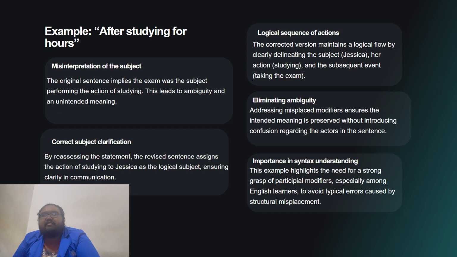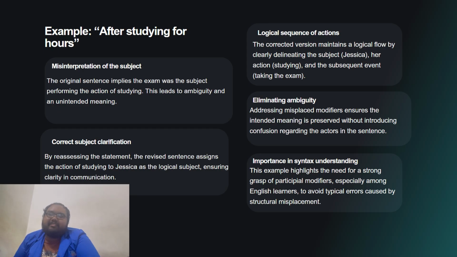So, logical sequence of action. The correct version maintains a logical flow by clearly delineating the subject, Jessica, her action, studying, and the subsequent event, taking the exam. Eliminating ambiguity by addressing the misplaced modifier ensures the intended meaning is preserved without introducing confusion regarding the actors in the sentence.